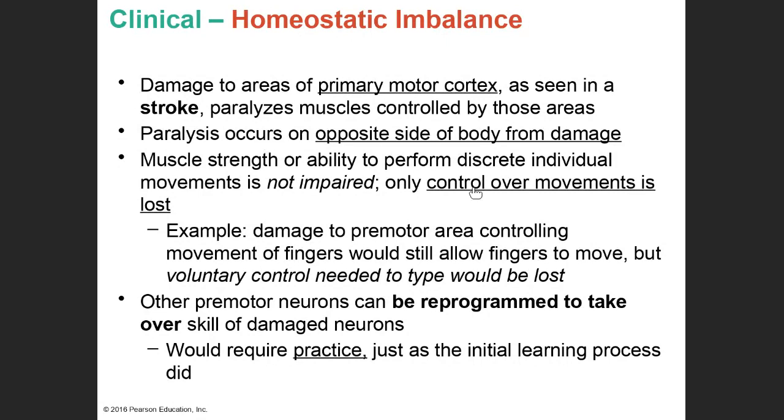So if you really do a lot of physical therapy with the person, and if the stroke was mild, then you may see some recovery of function, as it says down here. Also, some of the neurons in the premotor cortex can be reprogrammed to compensate for the loss of function in the surrounding neurons.